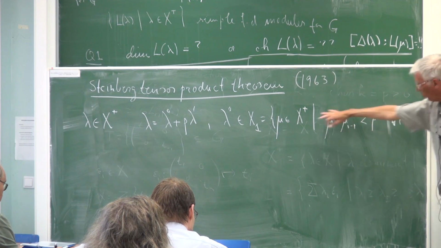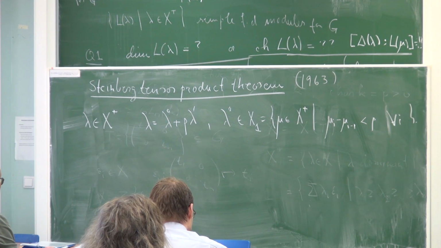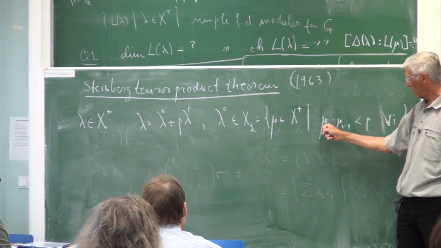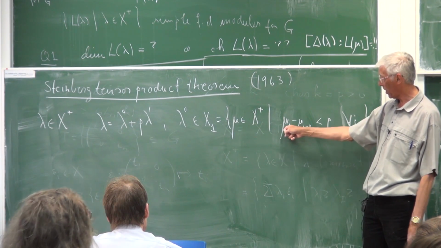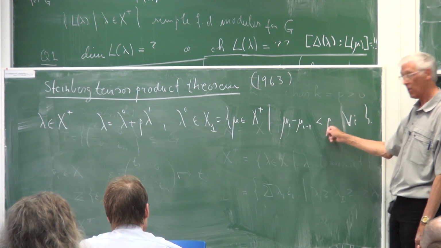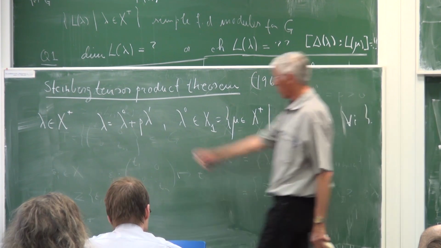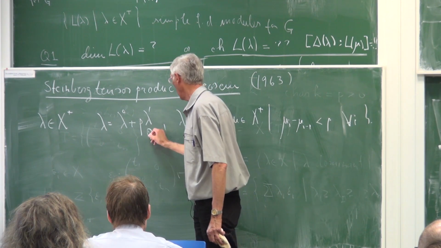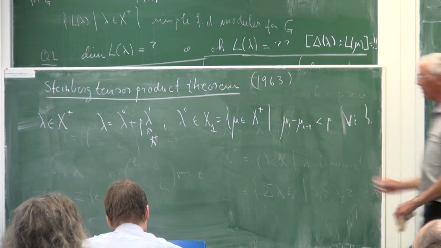I'm still referring to the example I have just erased of GL n, where the dominant weights mu are sigma mu i epsilon i, and what I'm asking is that the steps you take from mu i minus 1 to mu i are less than p. So this is the set of what's usually called restricted weights. And you can certainly then write any lambda like this, where lambda 1 is just some other element of X plus. So you can uniquely write lambda like this.